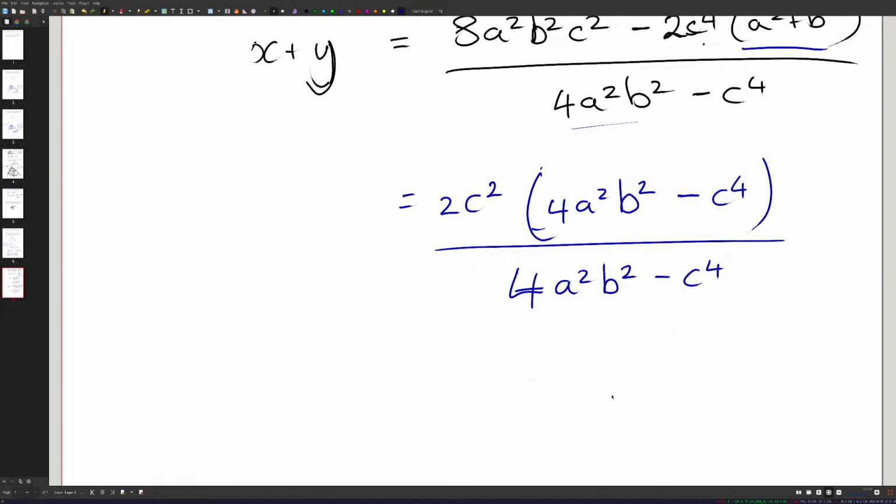And then that's going to cancel with that, which is very convenient. And you just get 2c squared as the value of x plus y.